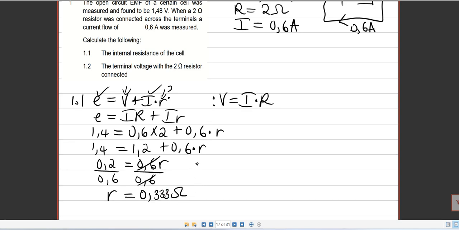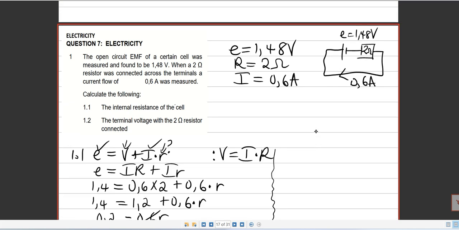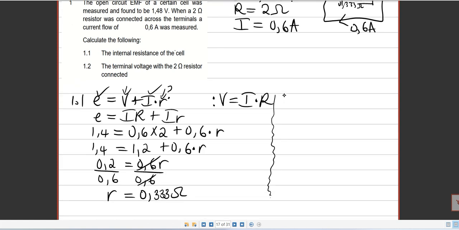And so that's how you would go about this one. So this is your internal resistance for the cell, 0,333 ohms, just around there.